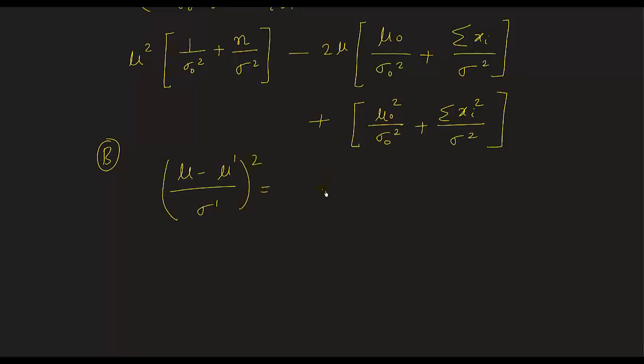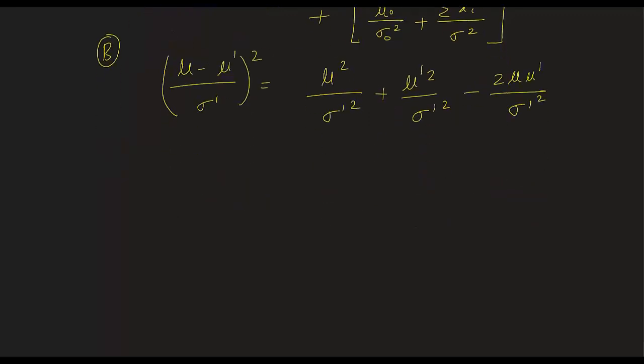So this becomes mu square divided by sigma dash square, plus mu dash square divided by sigma dash square, minus 2 mu mu dash divided by sigma dash square. Now we can equate the coefficients, that is the coefficient of mu square, the coefficient of mu, and the constant term.